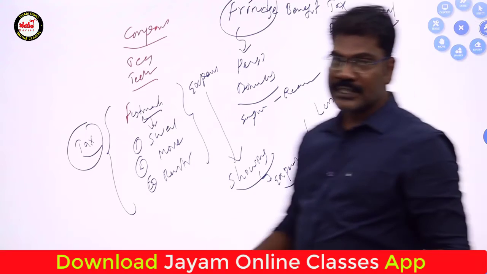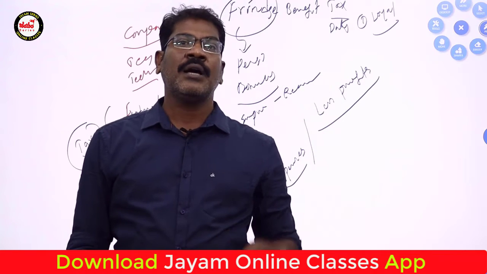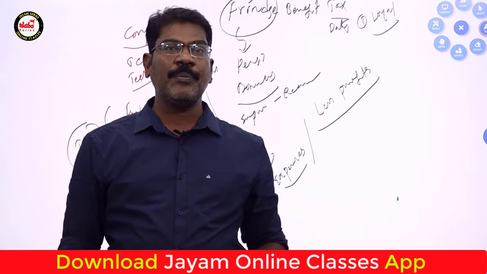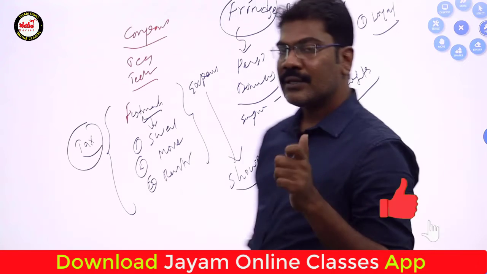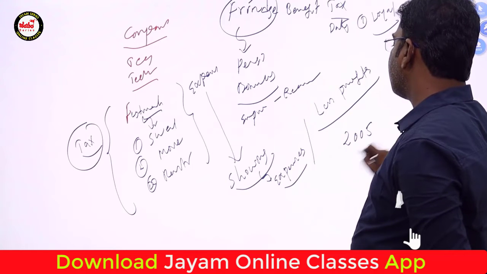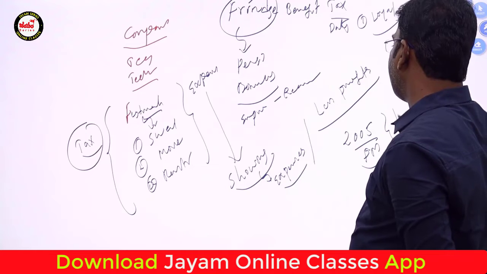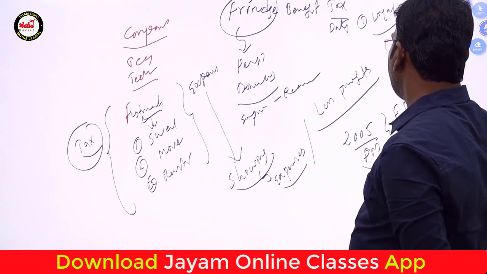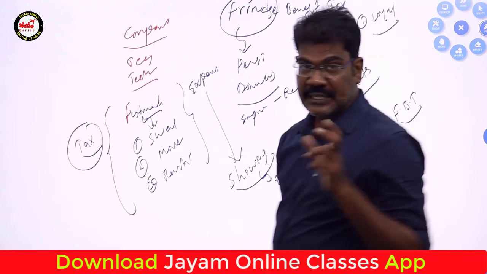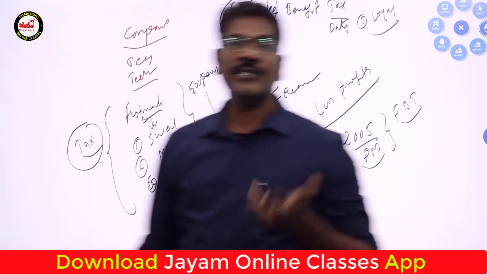And who are the losers here? The government, because the government is not getting the income it expects from the people. So in 2005, the then finance minister proposed this fringe benefit tax. In 2006 itself, they collected 20,000 crores as fringe benefit taxes.